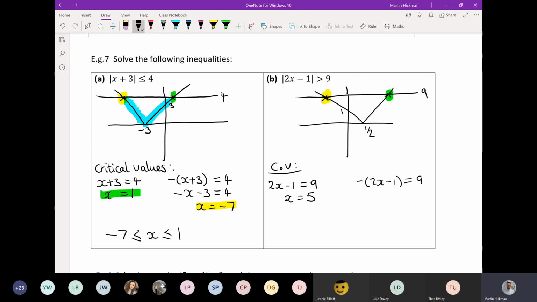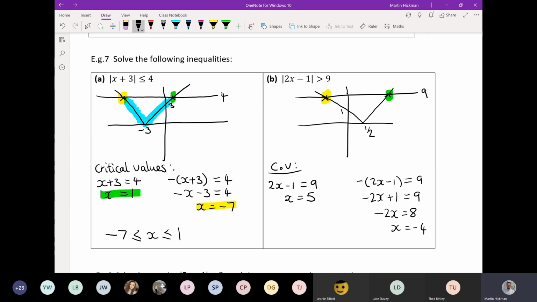So we just do minus 2x minus 1. And when we do that, a bit of solving, so we do minus 2x plus 1 equals 9, and we get x equals -4.